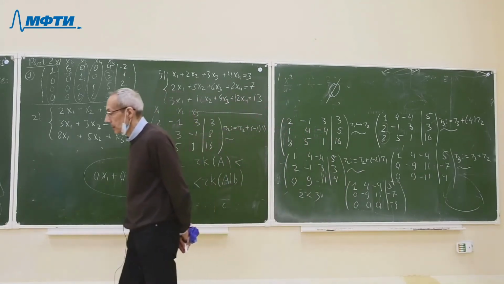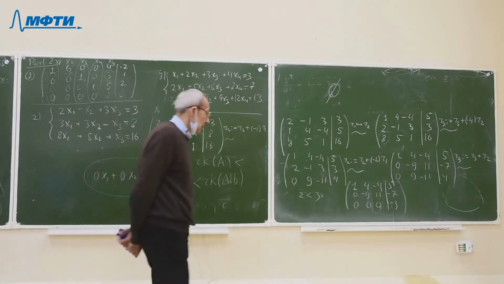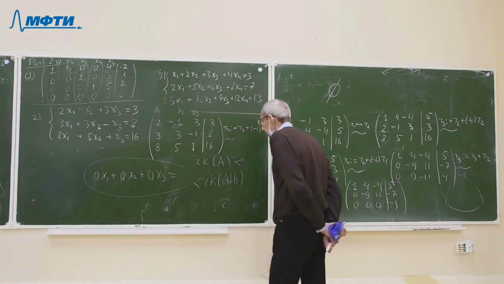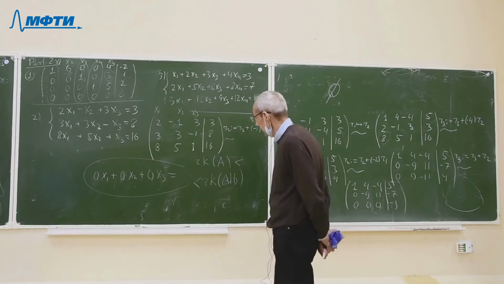If we have a matrix, we can obtain various reduced echelon forms of this matrix, but the numbers of non-zero rows in these various echelon forms are equal. And so we obtain a correct definition of the rank of the matrix.